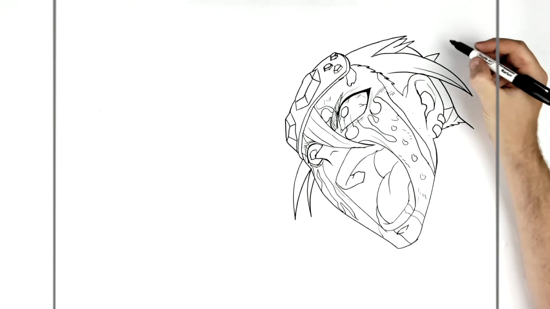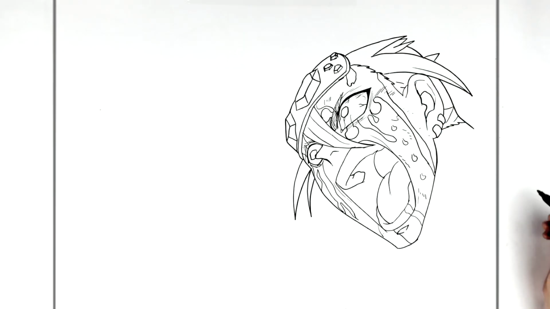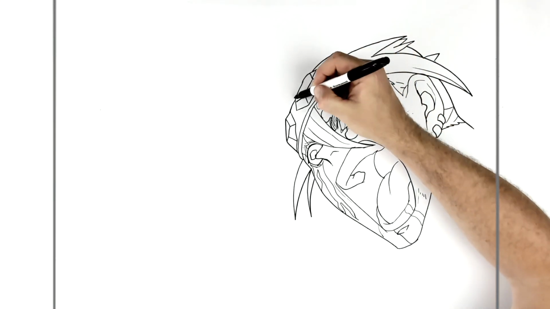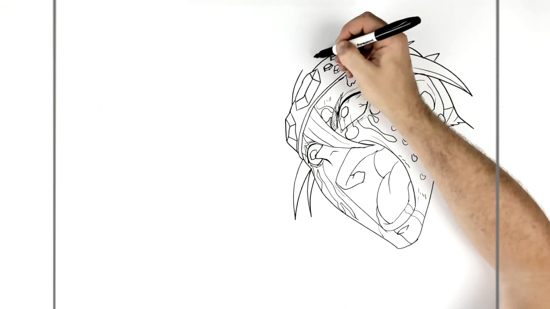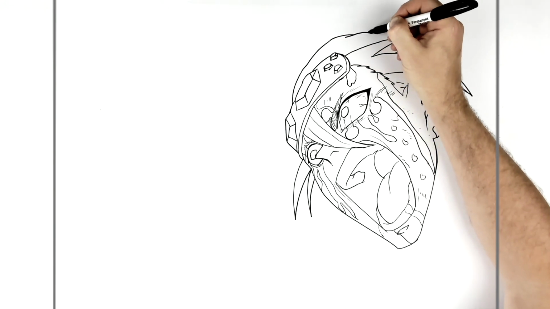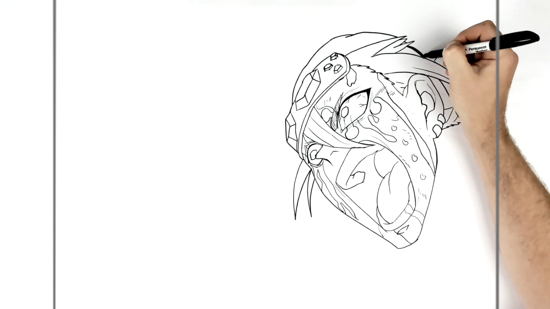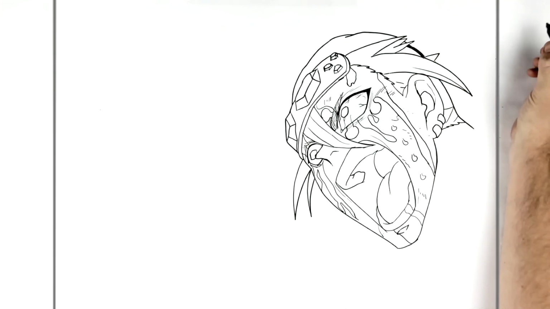And then these lines that show the wrapping sort of. So this wrapping comes out around the back of his head this way somewhere.